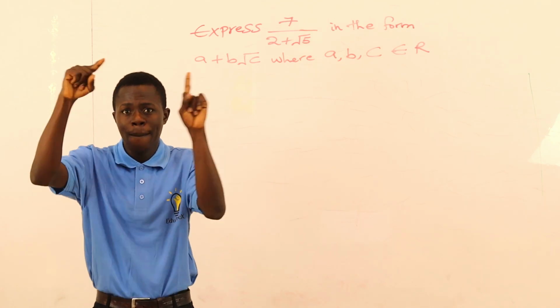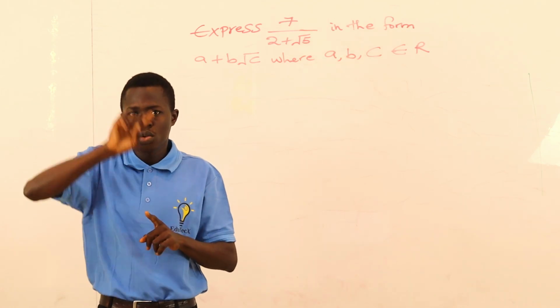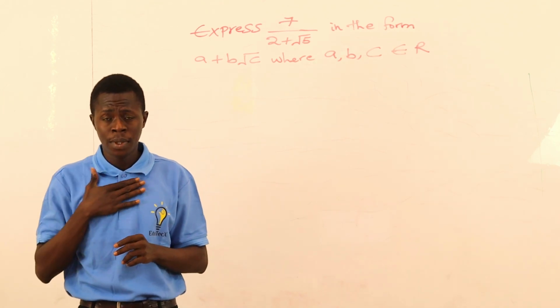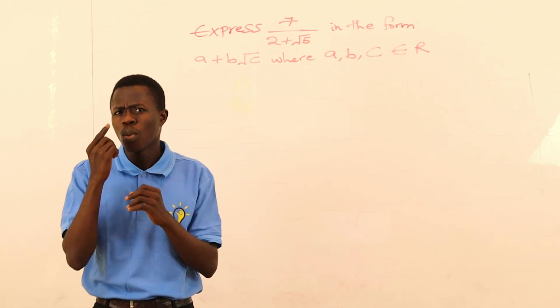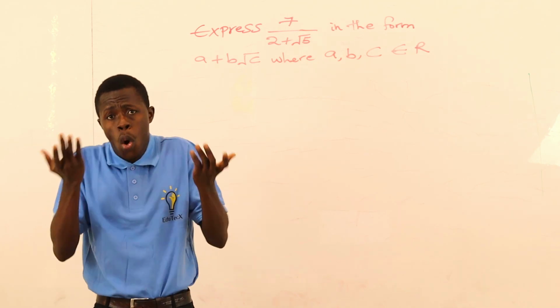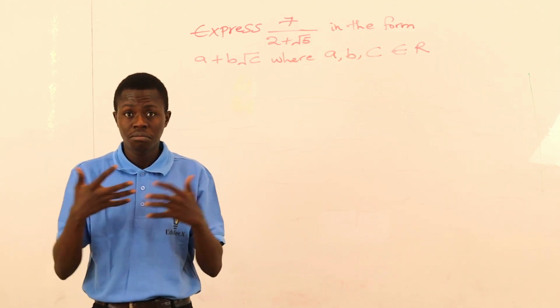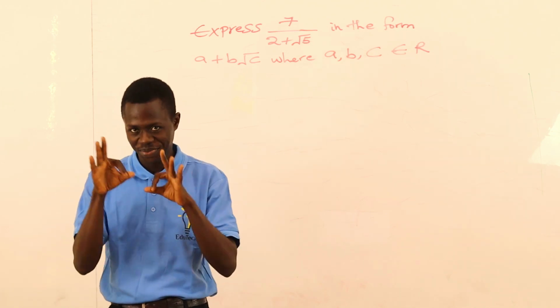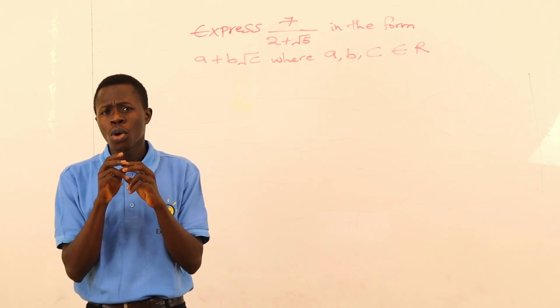In which form? In the form a plus b square root of c. So if you see a question of this form in the WASSCE examinations, do not be scared. Just follow us through this lesson and we'll explain.